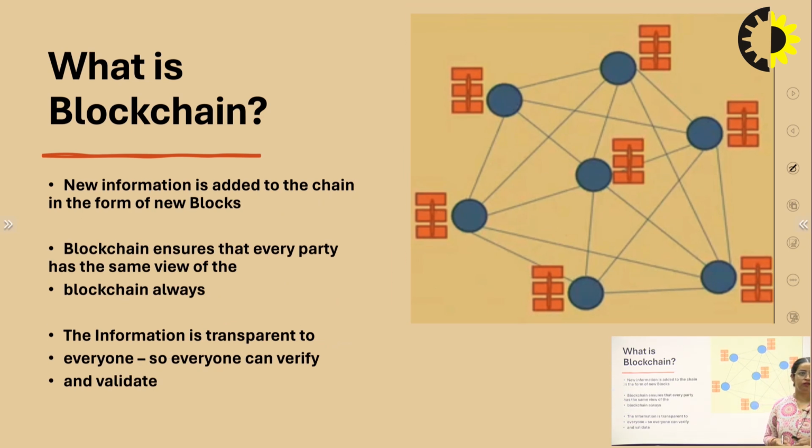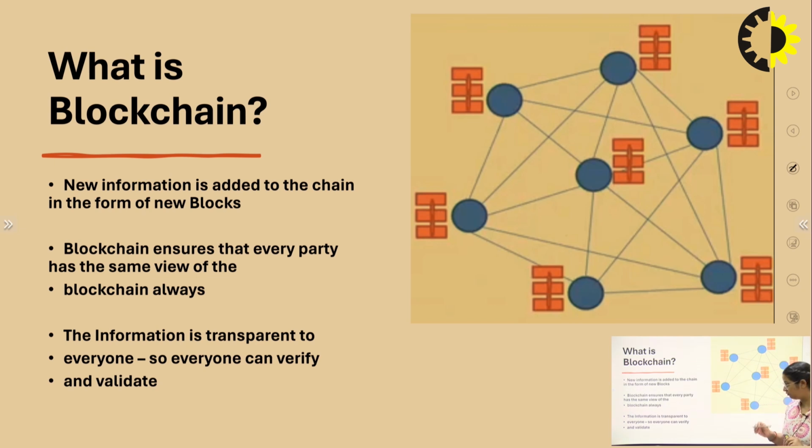So, if new information is added to the chain in the form of a new block, how does blockchain work? Basically in blockchain we have blocks, and each block stores the transactions going on in that network.